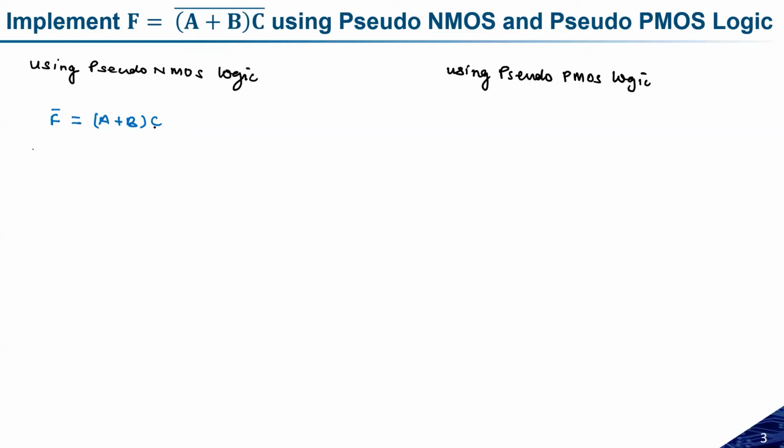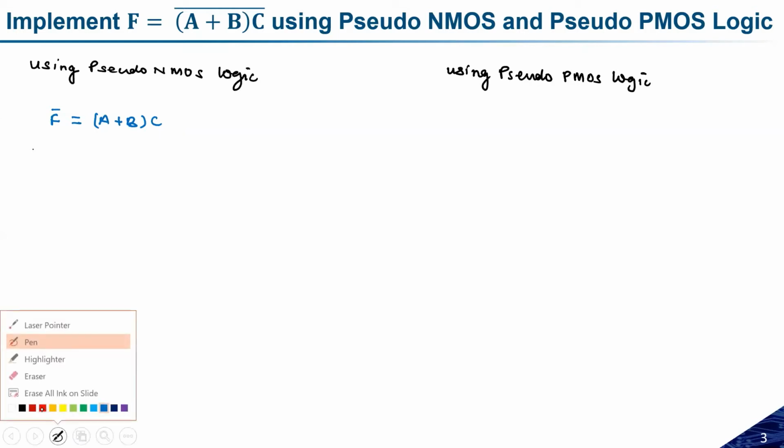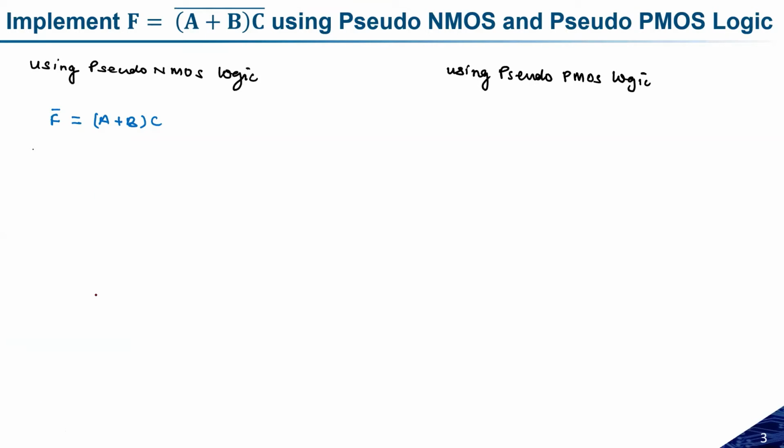So the exact circuit will look like this. The pull down network will look like this: this is A, this is B, and I need to keep the transistor C in series, and I need to keep ground over here.